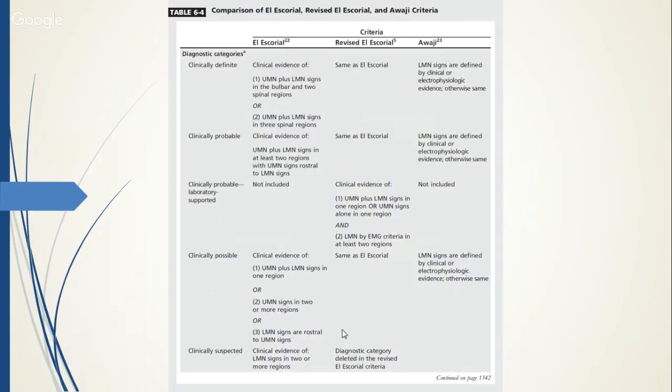So again, this is the criteria used to identify ALS.